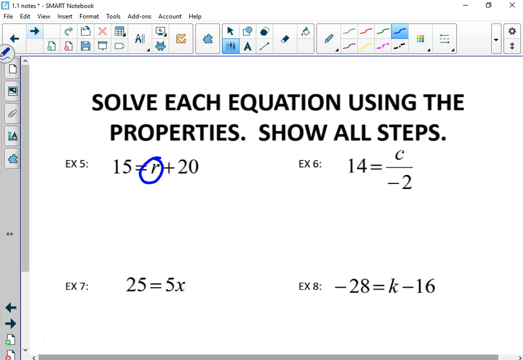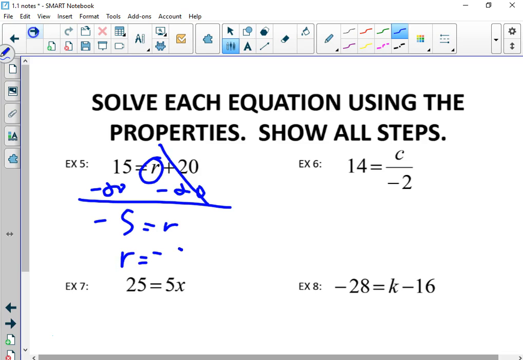So if I want to get back to where I started, I have to subtract 20 because I'm undoing the plus. So R equals negative 5. Or negative 5 equals R. Some people, if you feel better writing it like this, that's okay. You don't have to rewrite it. Some people just like to have the variable on the left side.